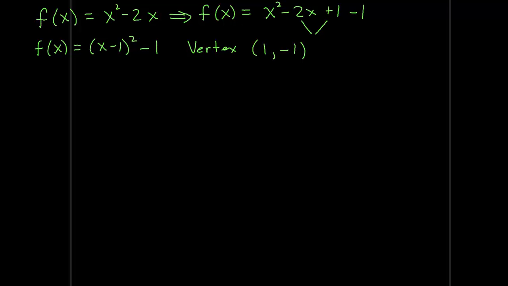And in fact, if you look at the graph, that's exactly what you get. You see right here, this x value of 1 gives you a minimum value of negative 1. Now remember what that means.